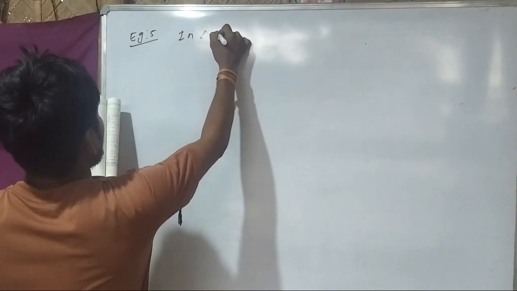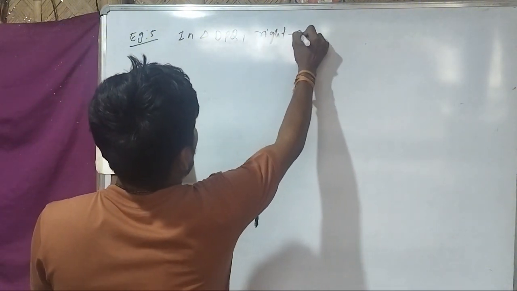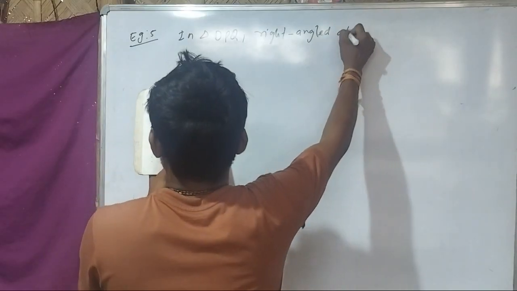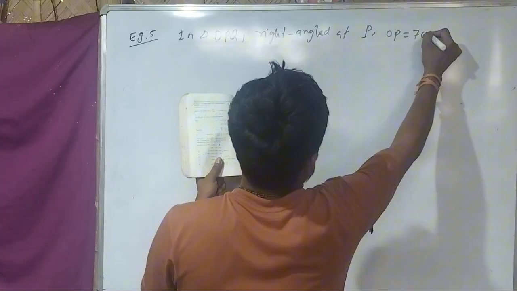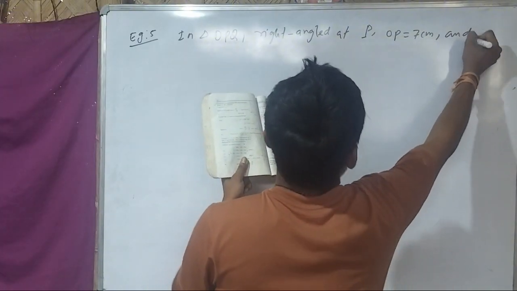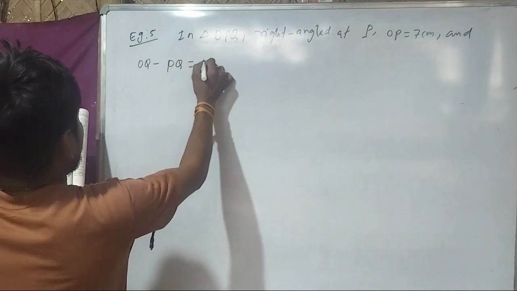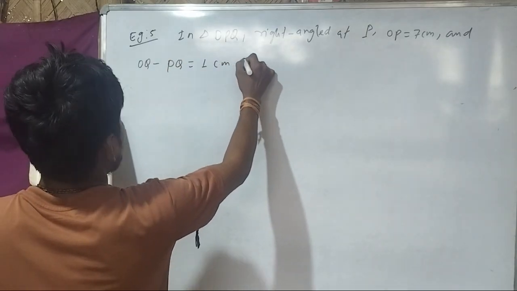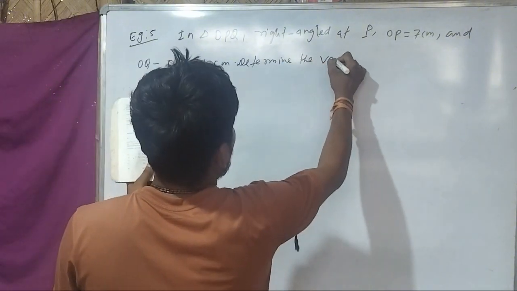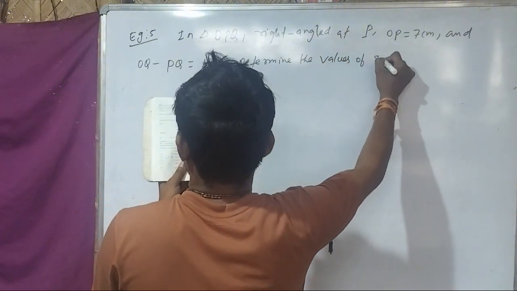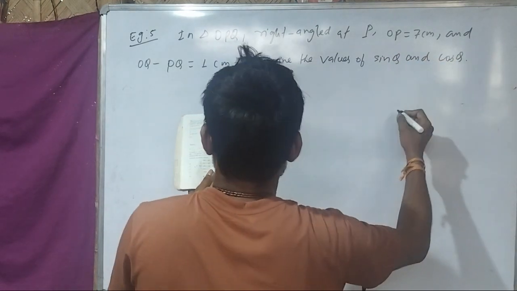In triangle OPQ, right angle at P, OP equals 7 centimeter and OQ minus PQ equals 1 centimeter. Determine the values of sin Q and cos Q. Okay.